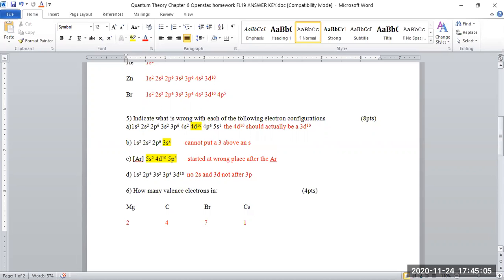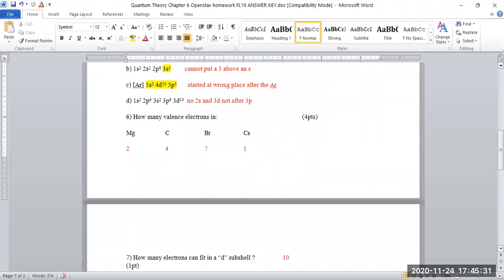The 2s portion was not shown at all, and it put the 3d10 in the wrong spot. It should be 3p, then 4s. So I really like the way that it makes you think about, if I had made a mistake, what that mistake might have been.